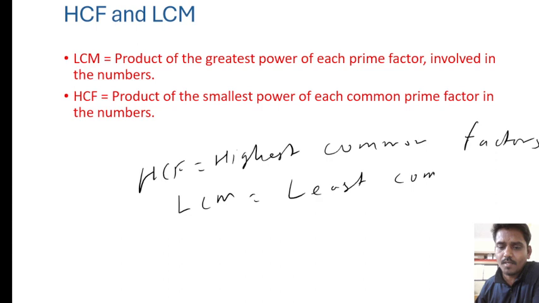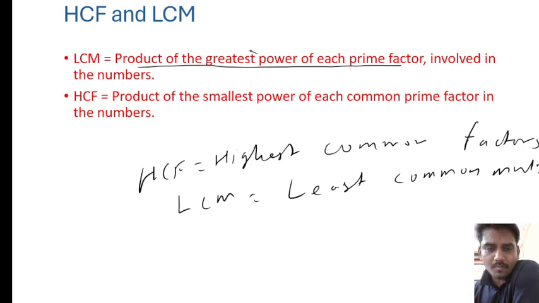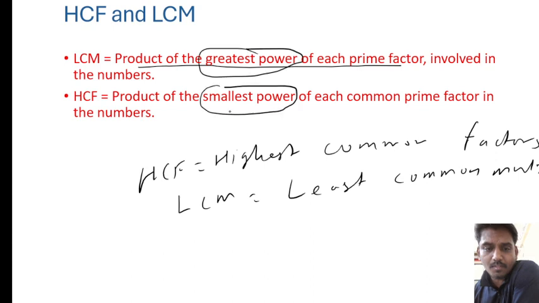By prime factorization method, there is a way to solve HCF and LCM. So LCM is the product of greatest powers of each prime factor, and HCF is the product of smallest powers of the factors of numbers.